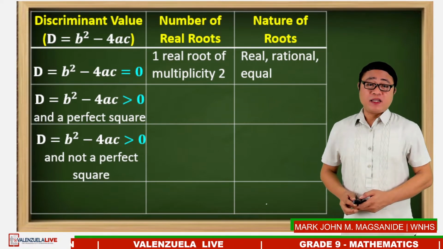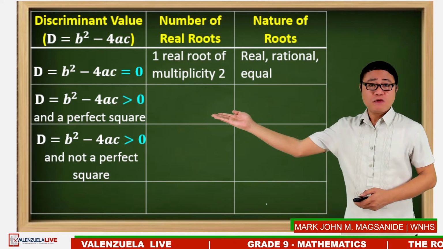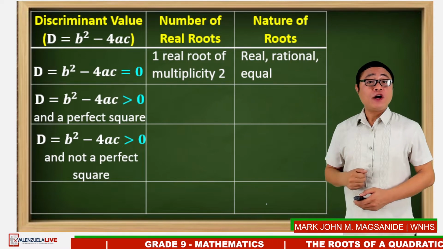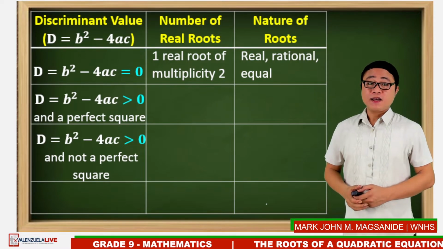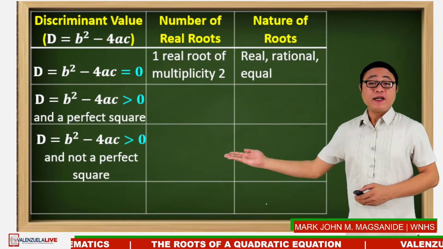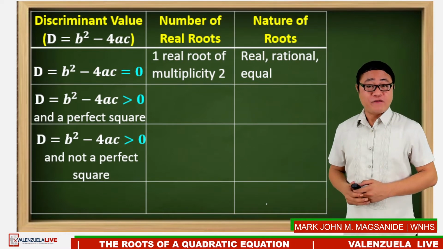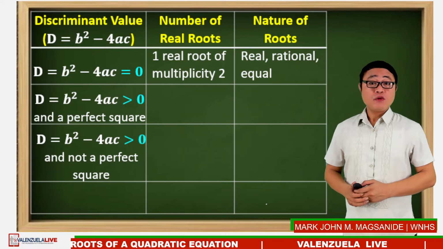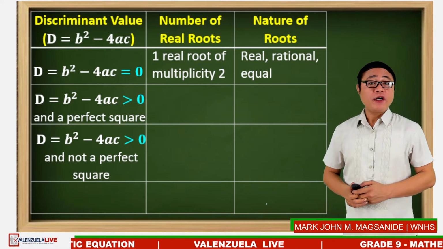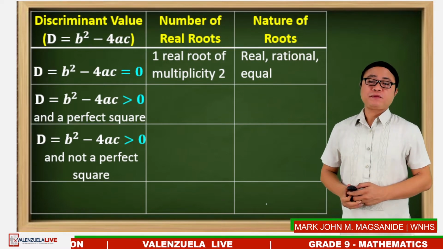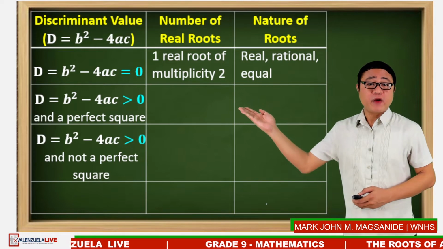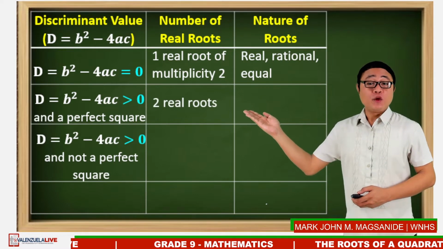The only difference is that in the second row, the value is a perfect square, like 4, 9, 16, 25, 36, and so on. While on the third row, it is not a perfect square, like 2, 5, 7, 11, 24, 27, and so on. If the value of d is a positive perfect square, then it has two real roots.